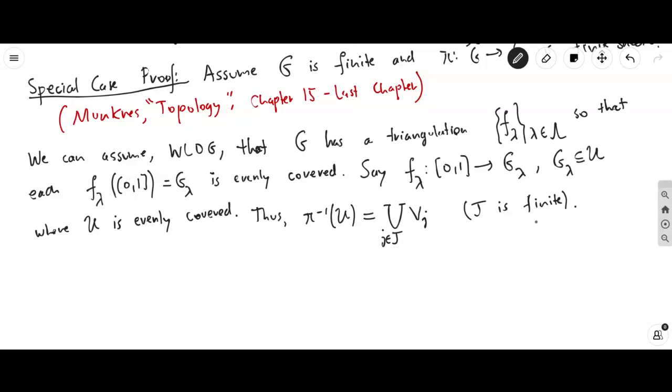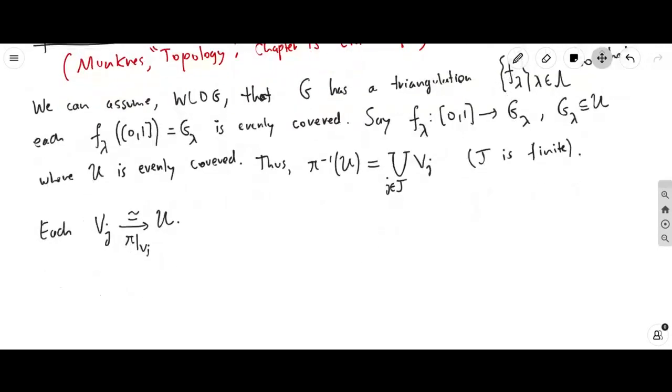Okay, so we have this. And each V_j is mapped homeomorphically to U using the map pi. So maybe you can say pi restricted to V_j. So these are homeomorphisms. So now look at this. We're mapping this interval from 0 to 1 homeomorphically to G lambda by using f lambda.